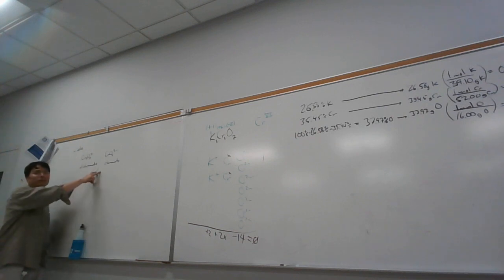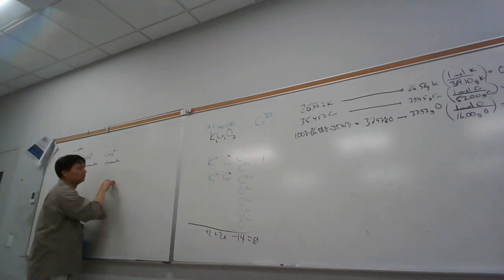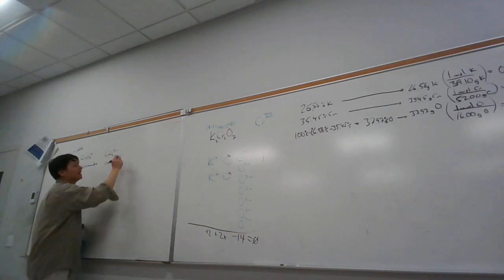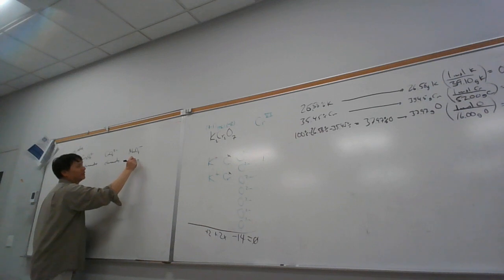What are the other ones you should memorize? Dichromate, chromate, permanganate. Give me the formula. MnO4, not 2 minus, negative. Permanganate. Give me another one. Acetate.